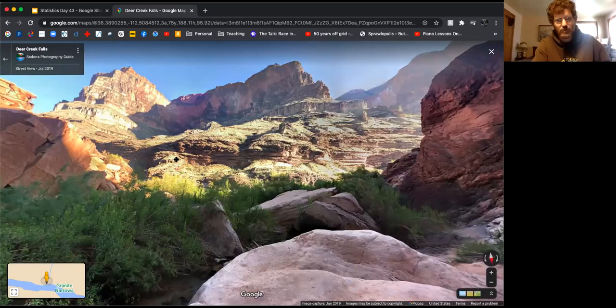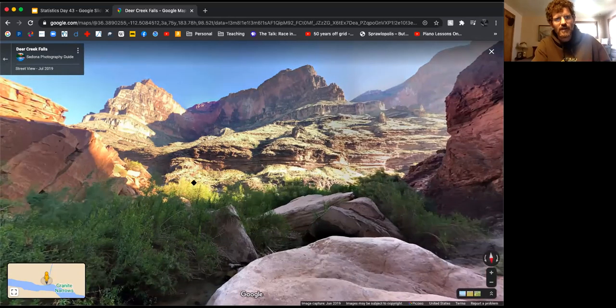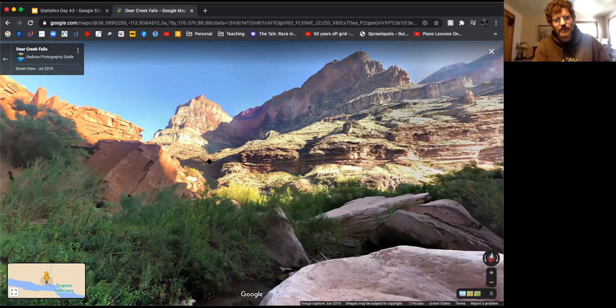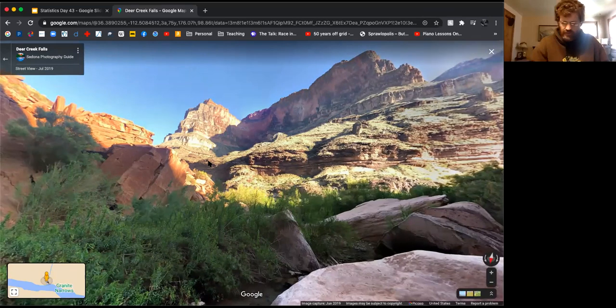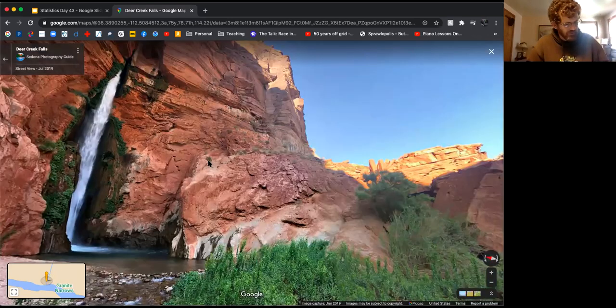We're looking at the canyon, and then you scroll around, you turn your head a bit, and looky there. It'll catch up eventually. My internet's a bit slow here. But there you go. You've got Deer Creek Falls right by the main Colorado River channel. So there you go. Fun times. I highly encourage you guys to explore around with that.